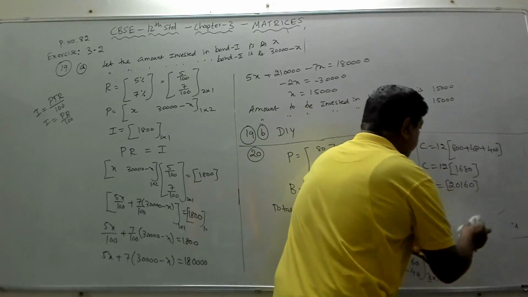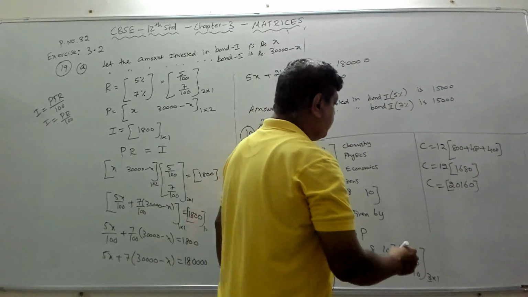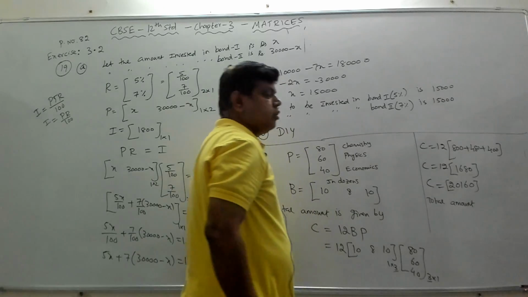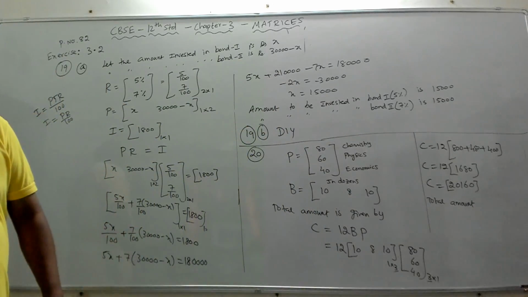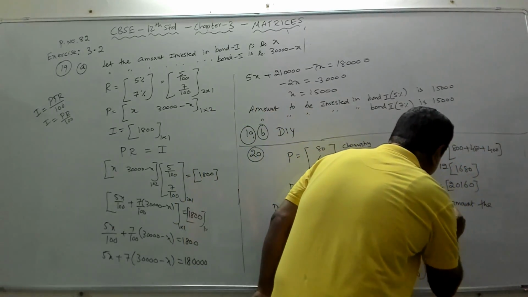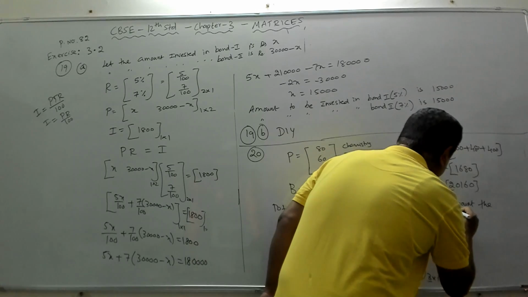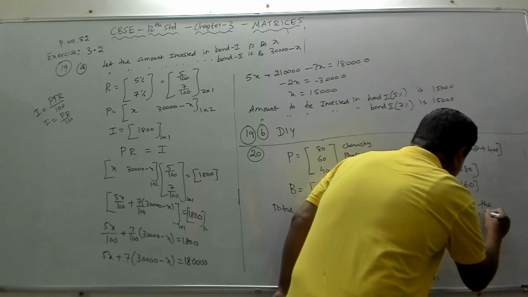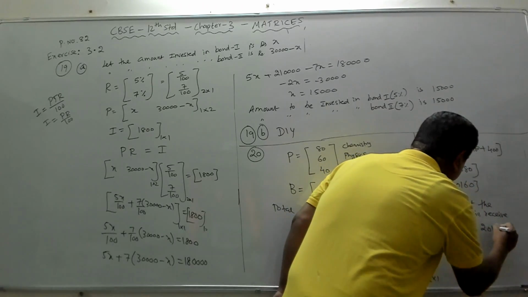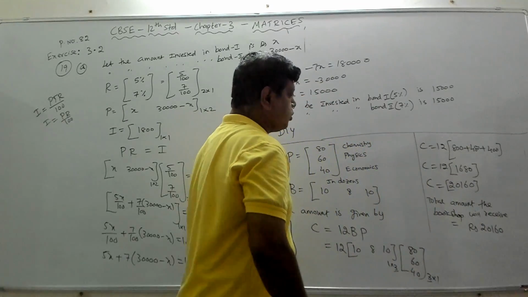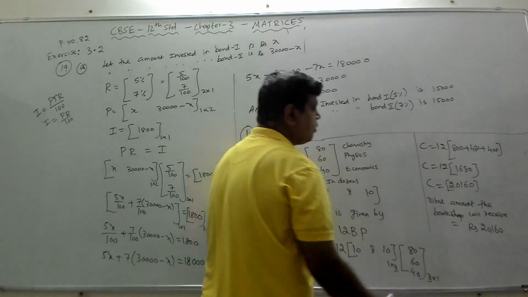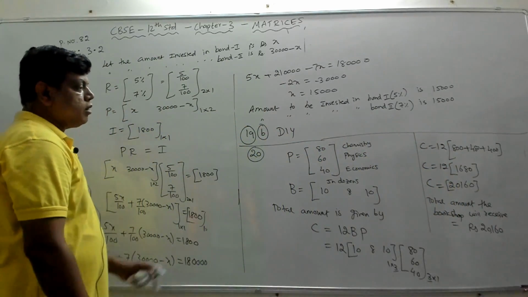So the total amount the shopkeeper will get, the bookshop will receive, is equal to rupees 20,160 by selling all the books. 20,160 rupees they will get by selling all the books.